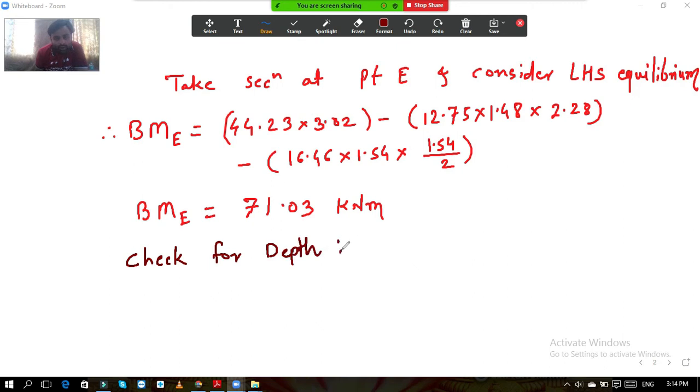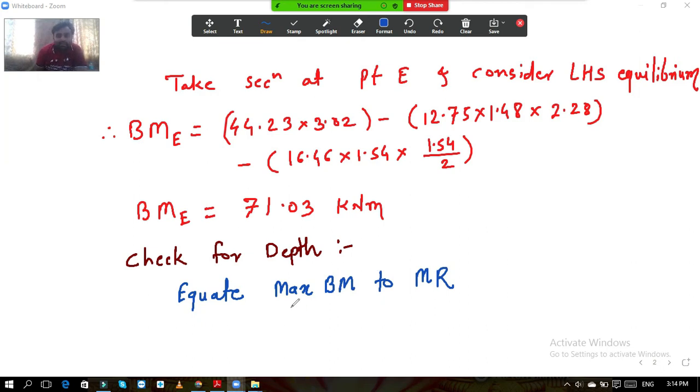Check for depth. How to calculate the check for depth? What we will do is equate the maximum bending moment to moment of resistance.